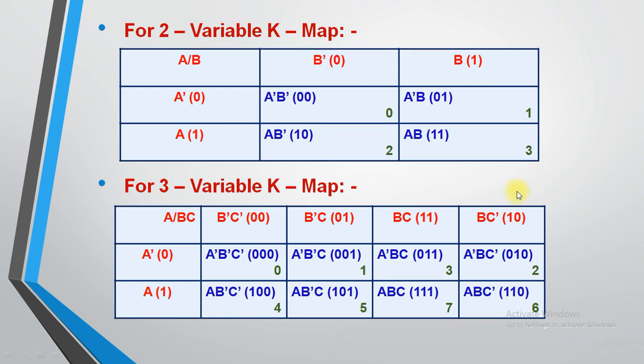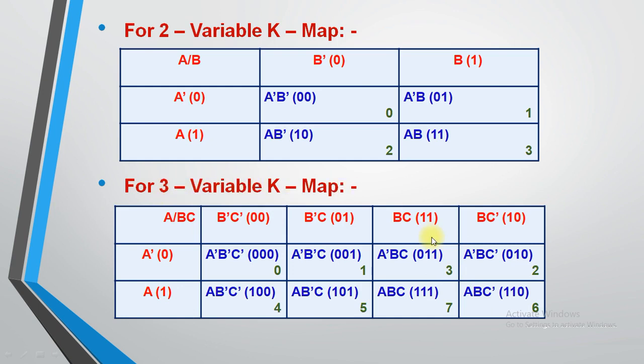When you create a 3 variable K map, the last column you need to switch, and based on that you need to write numbers, otherwise you will create a wrong K map, right? So to find the proper Boolean function, to find the proper equation, you just need to create a proper K map. So this is the drawing of the 3 input variable K map.